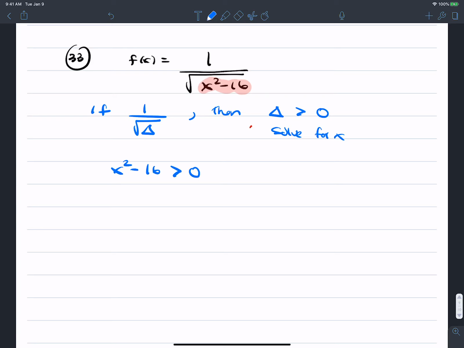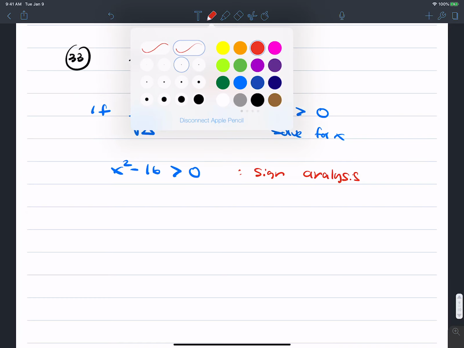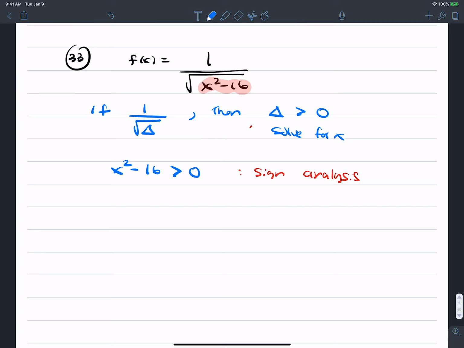So we now use sign analysis again and find where x squared minus 16 is strictly positive. This is a sign analysis procedure like we've seen in class. Even though you don't care about the equality, you still have to solve the equality for the procedure. So we're going to solve the equality here, even though we're not going to use it like we did before.